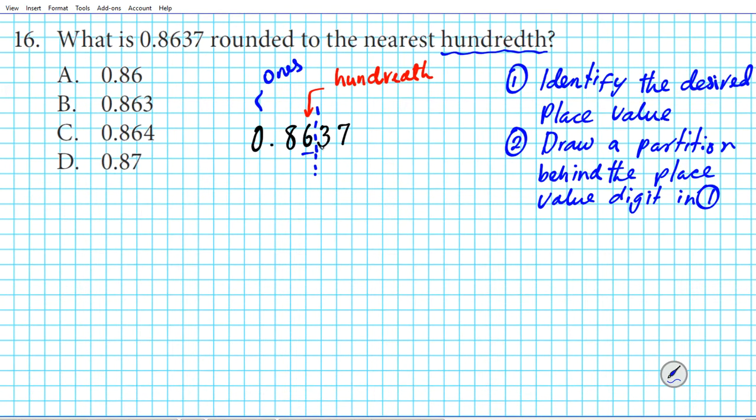This partition tells us to take a look at the digits behind the partition. If the digit to the right of the partition is less than 5, you truncate. If it is 5 or greater, you round up. Basically just add one digit to the desired place value. So step 3, look at the digit to the right of the partition.